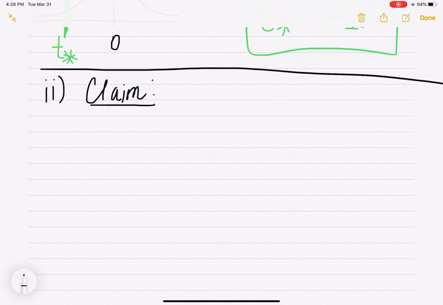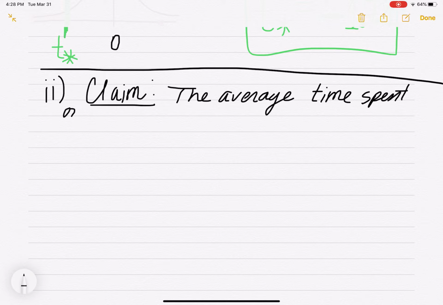We are told that the average time spent on YouTube each week is more than 3 hours.